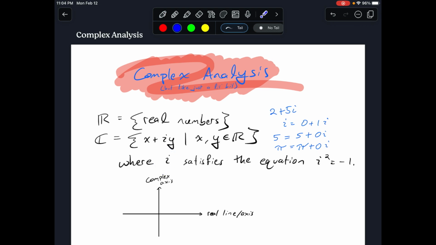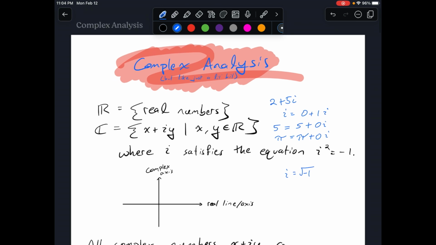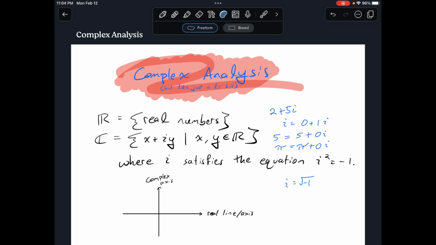Anyway, i is just a number that satisfies the equation i squared equals -1. You can say i is just the square root of -1. That's fine, but remember, when you take the square root of a number, there are two choices there.